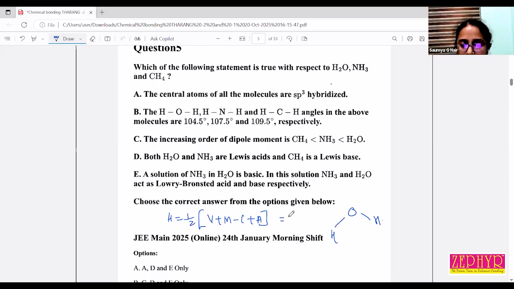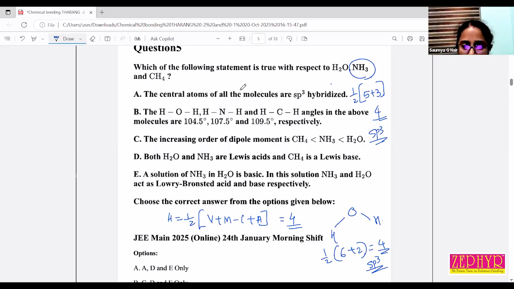sp3, isn't it, the answer we get is 4. Half into valence electrons 6, monovalent 2, no cation, no anion: 8 by 2 is 4, sp3. Ammonia is also the same: central atom nitrogen, half into 5 plus 3, 8 by 2 is 4, sp3.